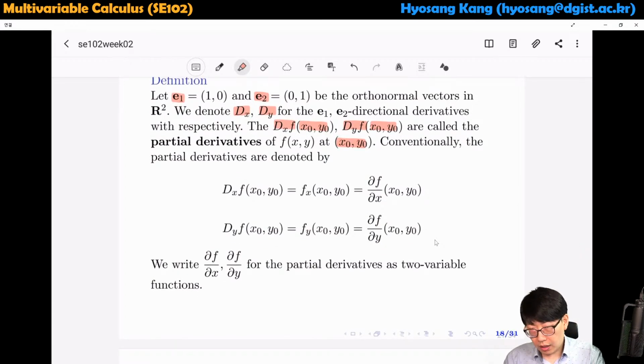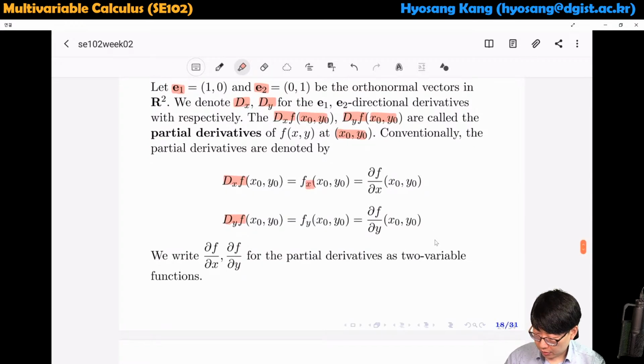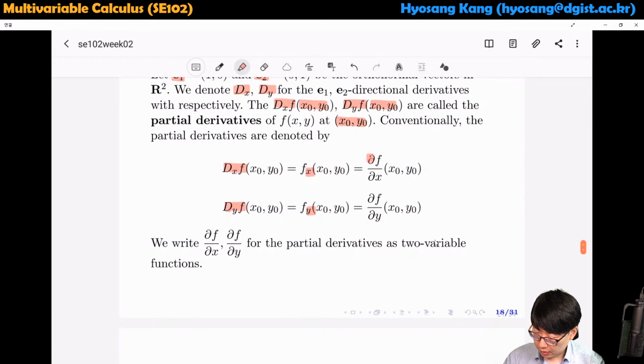So there are other names for the partial derivative, other symbols to denote the partial derivative. One is dxf or dyf. Another is you can just put x and y as subscripts of the function f, or you can use the curly d instead of the Roman d, to indicate that it's a partial derivative, not the normal derivative.